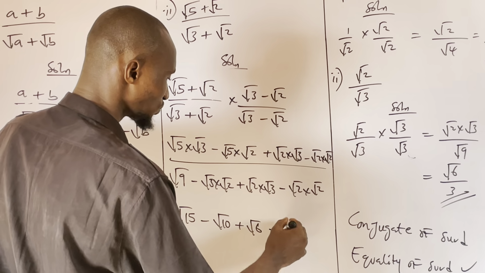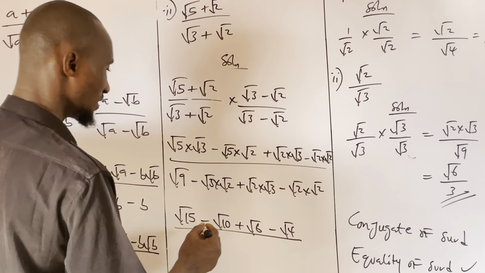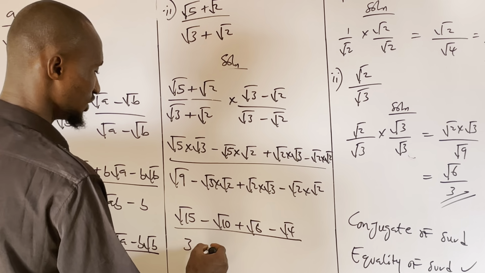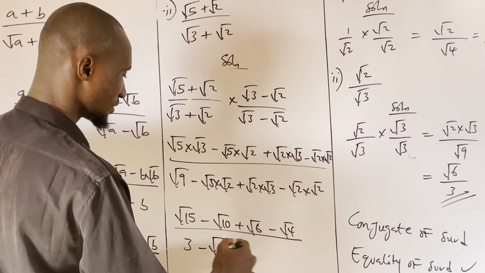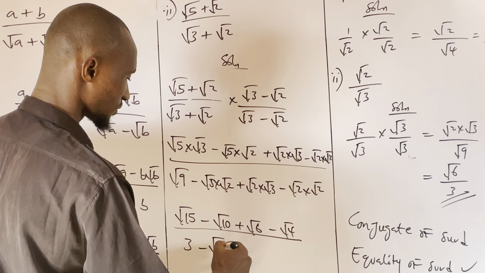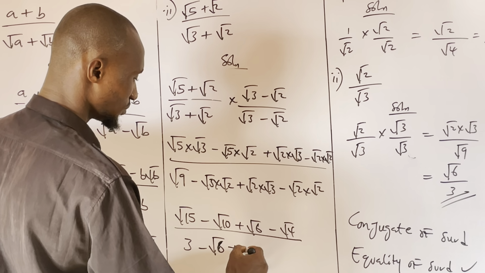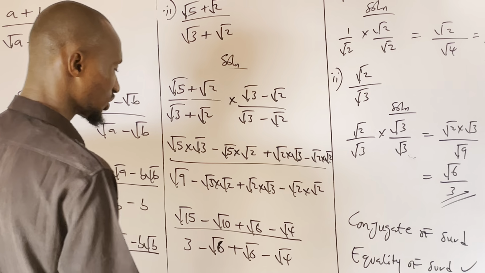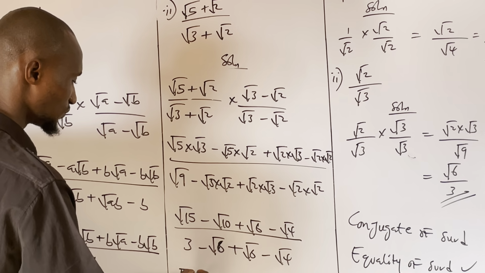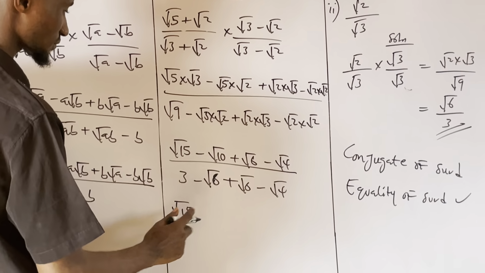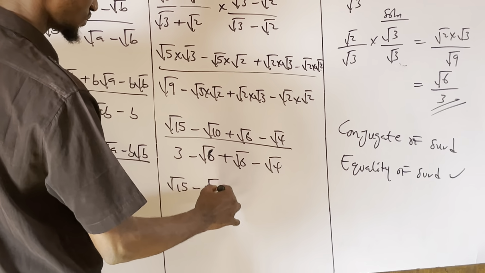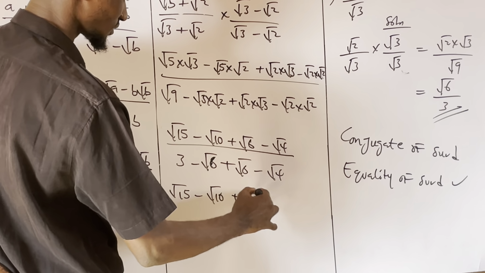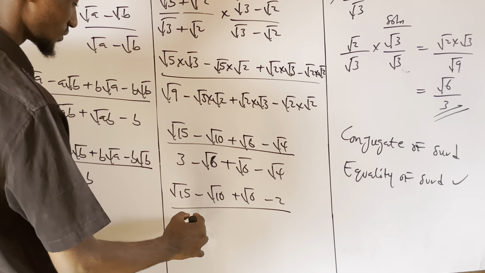This one will give us minus root 4. Is that correct? The denominator is 3, and this one will give us minus root 6 plus root 6 minus root 4. Is that correct? So this is root 15 minus root 10 plus root 6 minus 2.